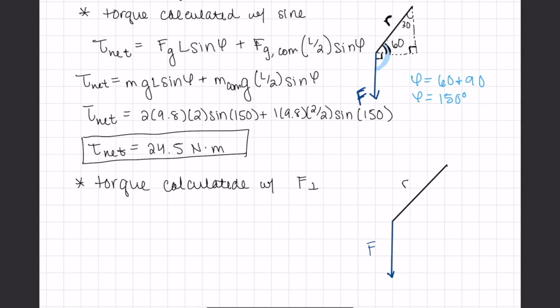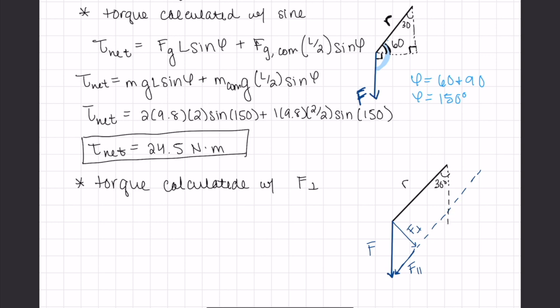This is still 30 degrees. But now essentially, instead of drawing a triangle with the R, we're going to draw triangles with our F. So our F perpendicular is going to be like this. And then the F parallel component would be here. And if we extend that F parallel line, it just kind of helps see the geometry a bit better, I think.